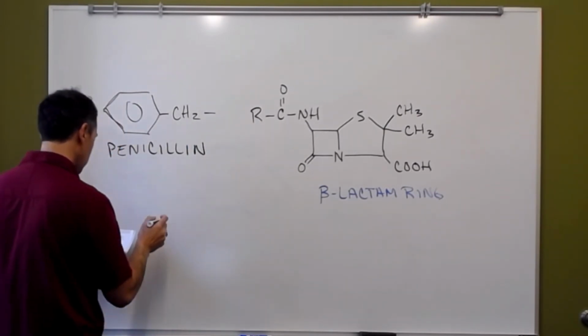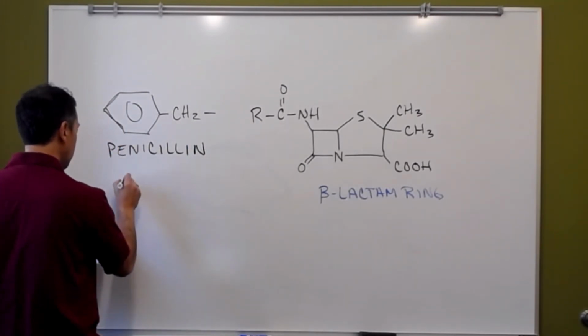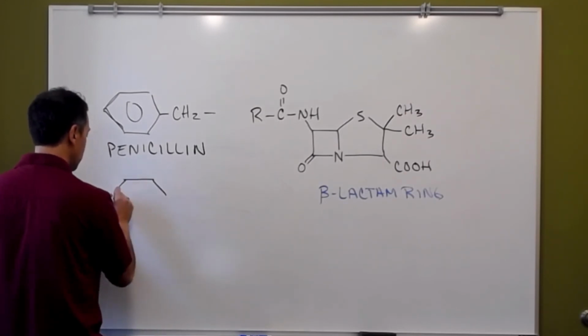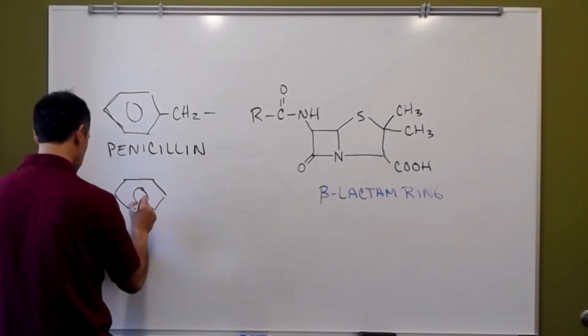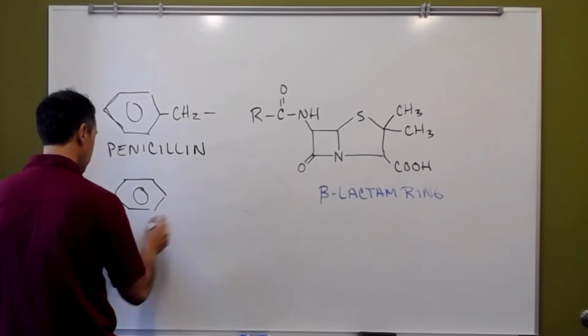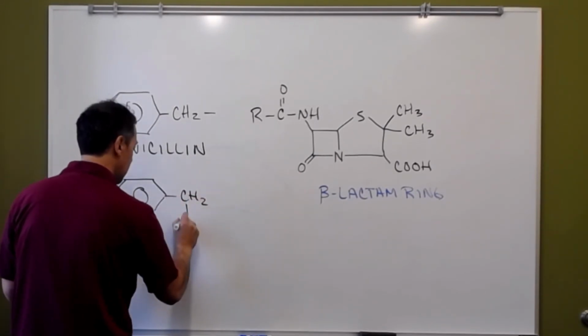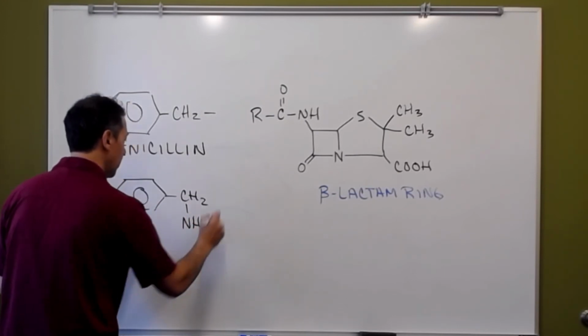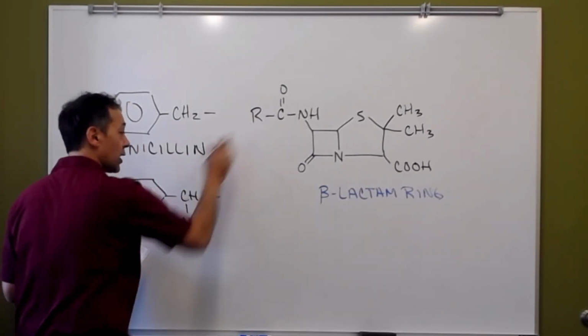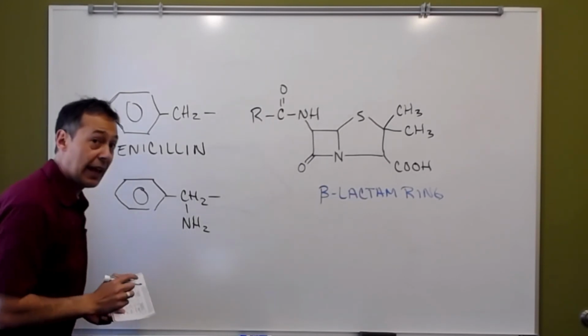And then let me show you another one here. If it looks like this, very similar, a benzene ring again, then a CH2 and then an NH2 like this. If this was attached where that R is, then this would be ampicillin.